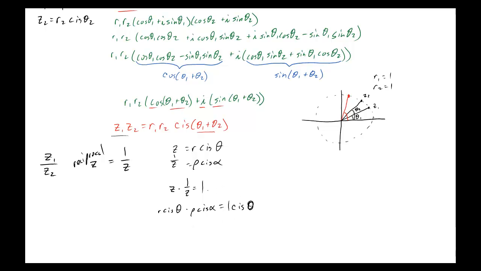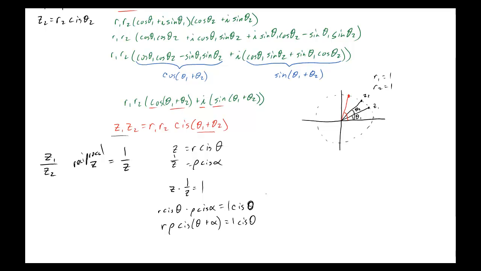There's no imaginary part, and so it's just cis 0. From this point we know that when we multiply the two, we have R rho cis (theta plus alpha), which equals 1 cis 0.